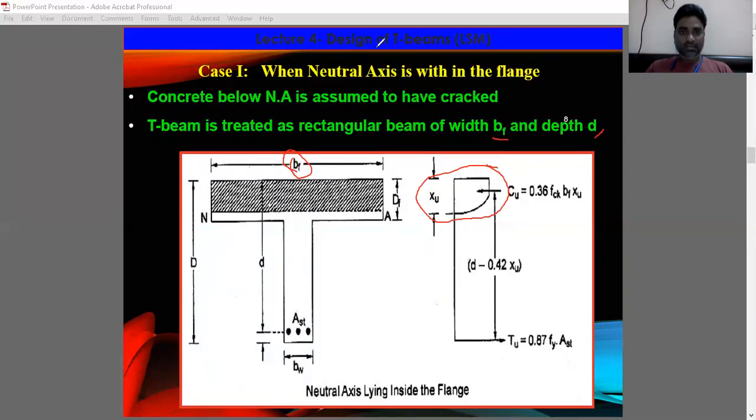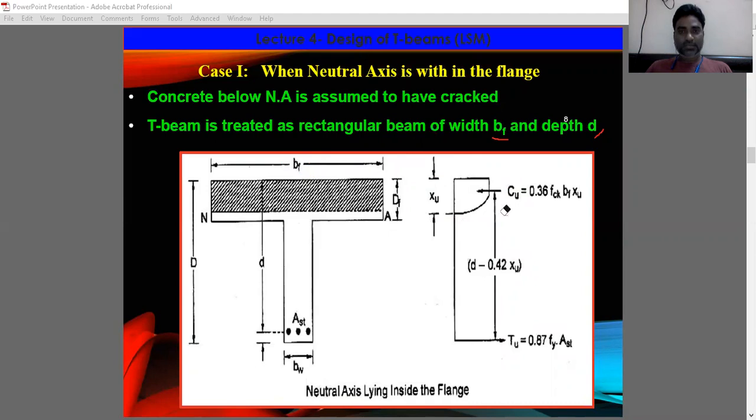If it is within the flange, then how to determine the actual neutral axis? The neutral axis should be determined by equating the compressive force equal to the tension force, right?